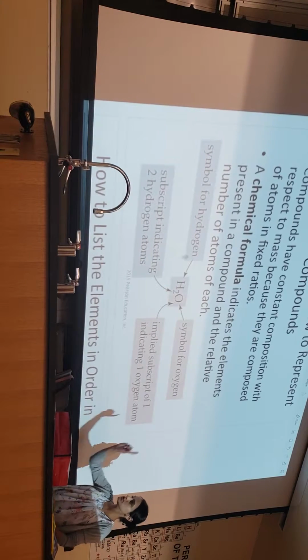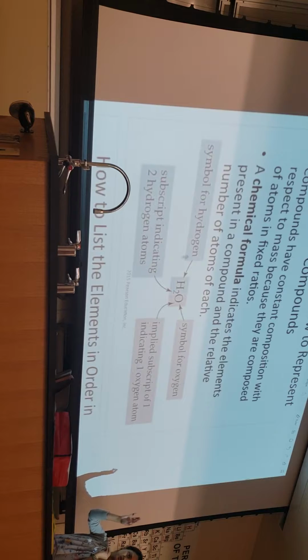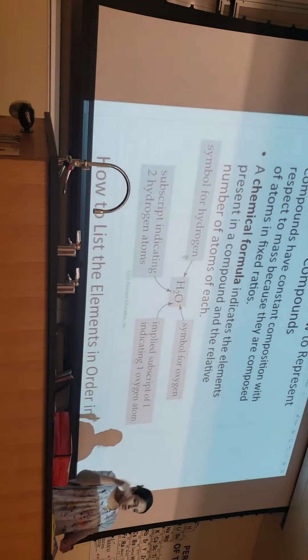Now, when you're looking at this, there's a method to the formula, meaning there's a reason why hydrogen is first, then oxygen. It's not oxygen, then hydrogen. When you look at sodium chloride, there's a reason why it's sodium first, then the chloride, the chlorine part. It's not the opposite. There's an order to it.